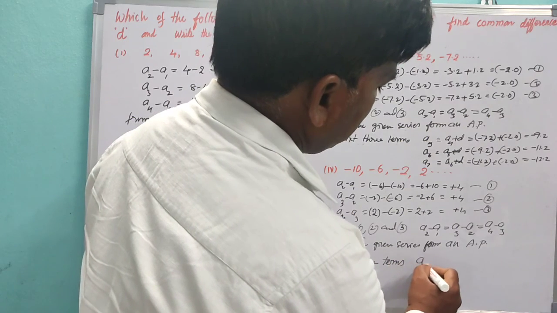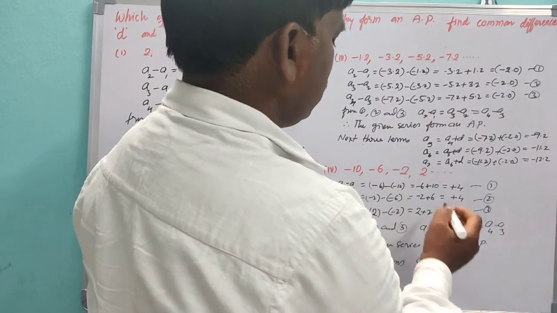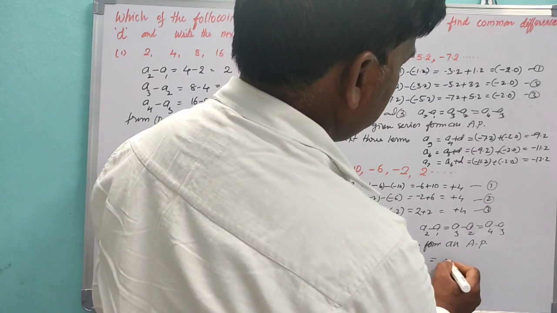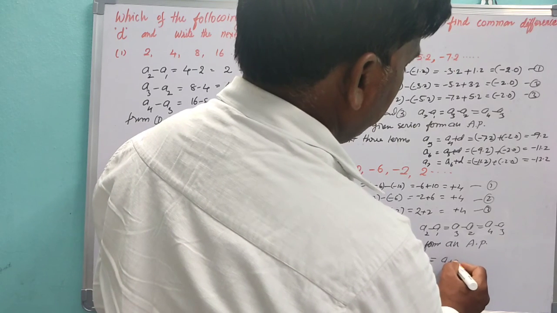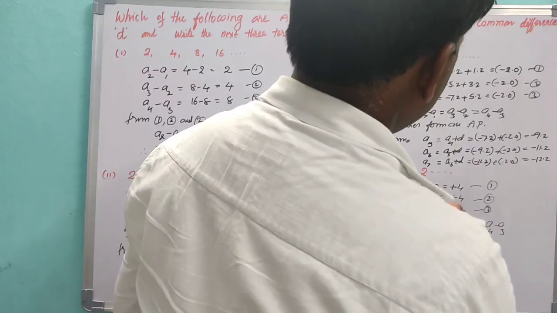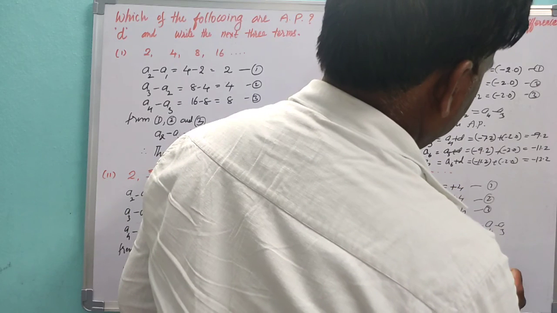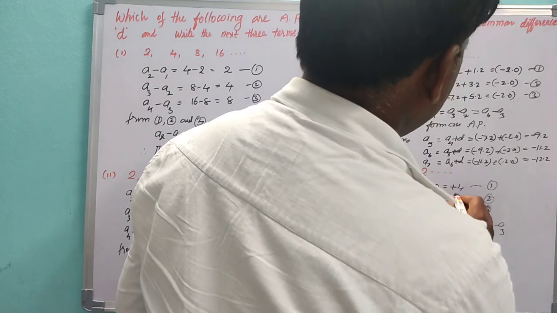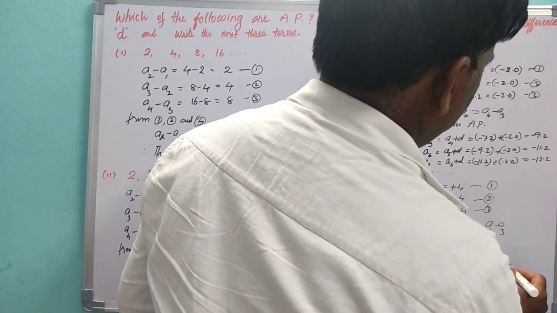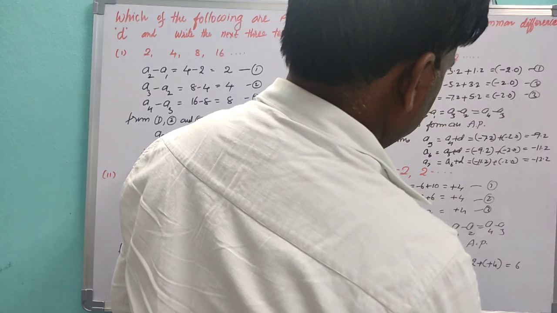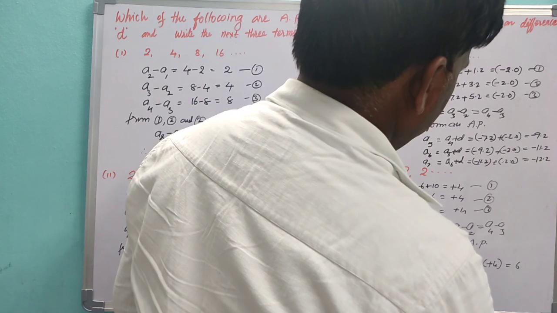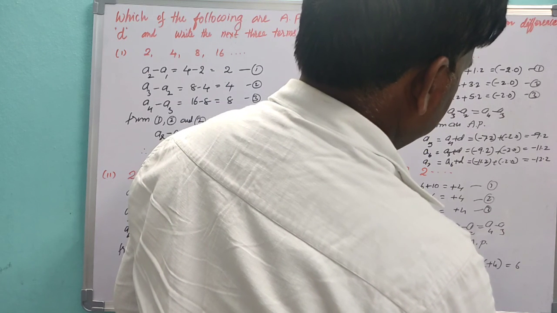Next three terms. So this is first, second, third, fourth. Now the fifth term. The fifth term is equal to the fourth term plus the common difference. So what is the fourth term? 2. And what is the common difference? Plus 4, which is equal to 6. And the next term, the sixth term, is the fifth term plus the common difference.